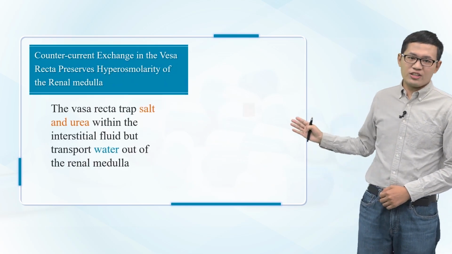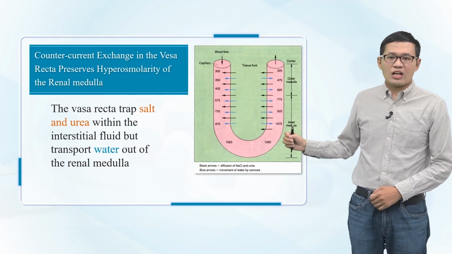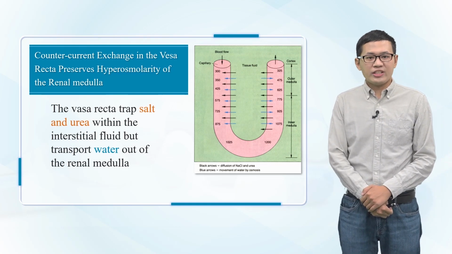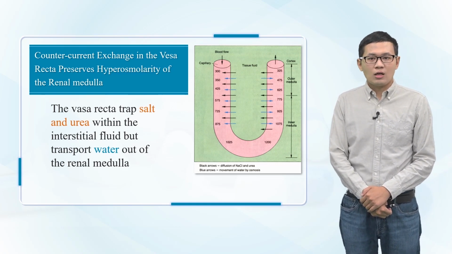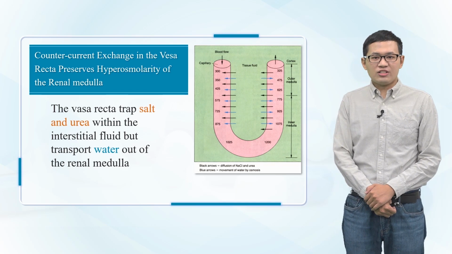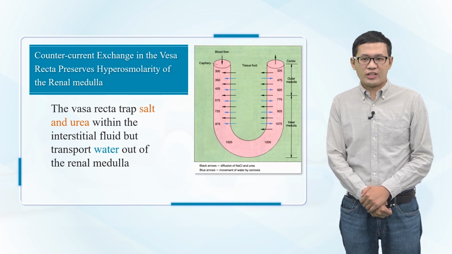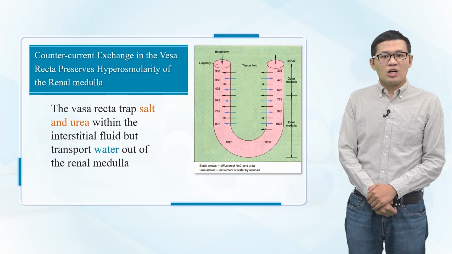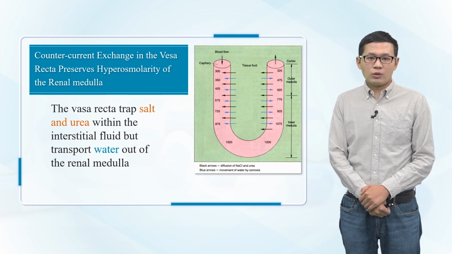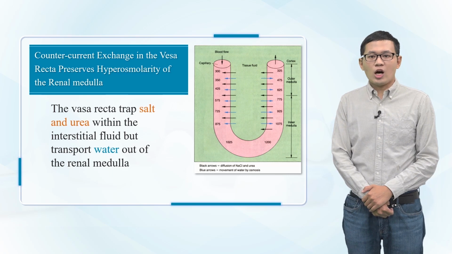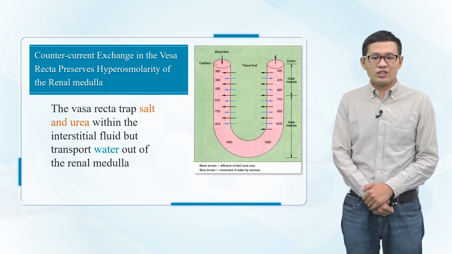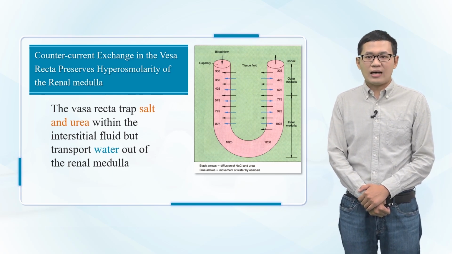Countercurrent exchange in the vasa recta creates hyperosmolarity of the renal medulla. Plasma flows down the descending limb of the vasa recta and becomes more hyperosmotic, because of diffusion of water out of the blood and diffusion of solutes from the renal interstitial fluid into the blood.